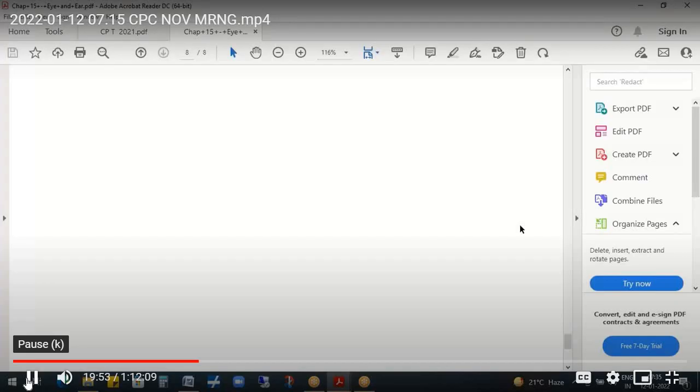What do we need to look for here? Natural or artificial, in bracket stoma.